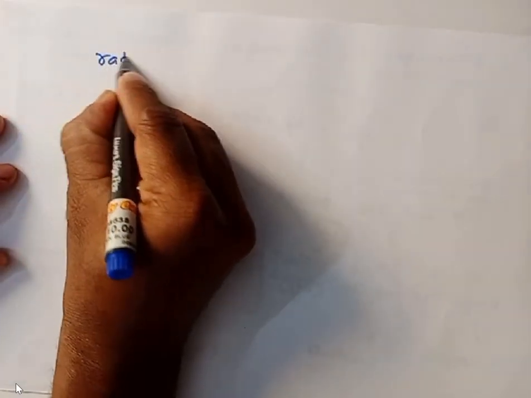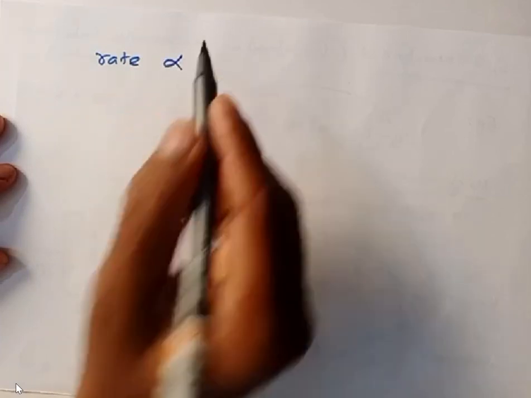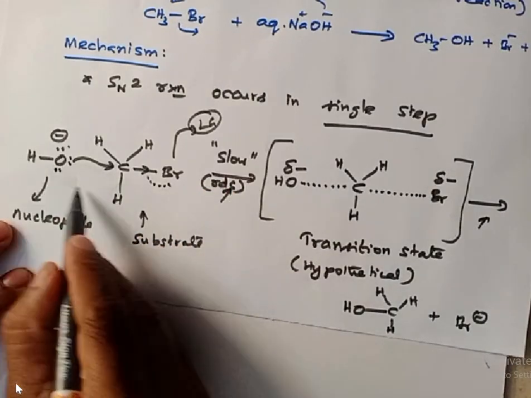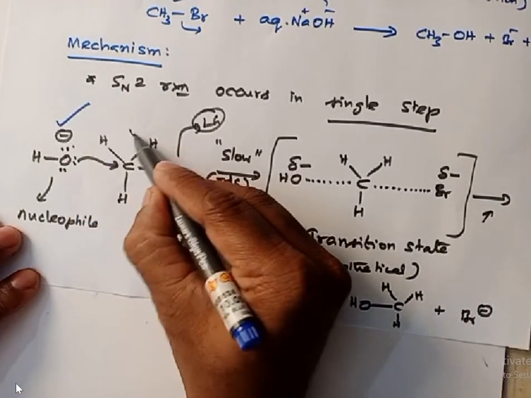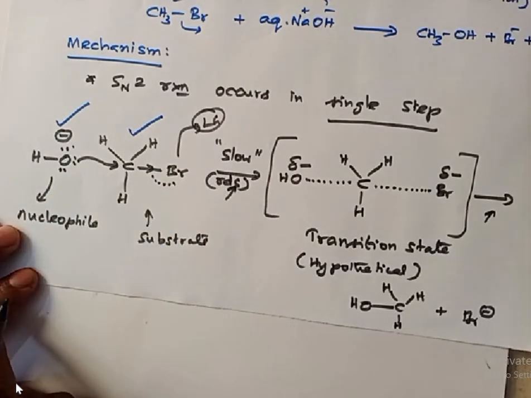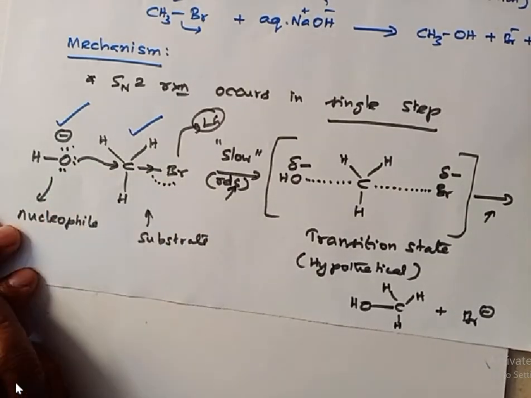Here, the rate of this reaction. Students, observe carefully. In the rate determining step, on the reactant side, we have the nucleophile and also the substrate. Two species are involved. So it is bimolecular.